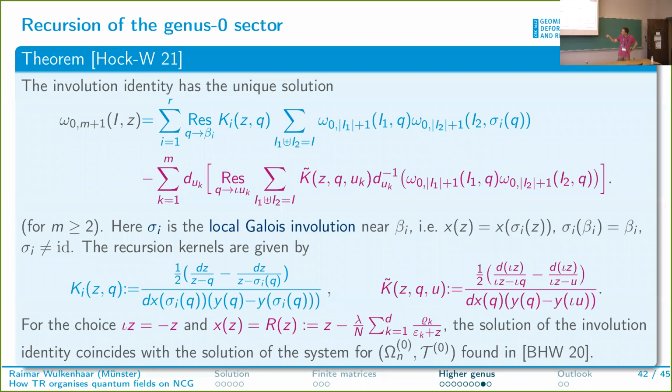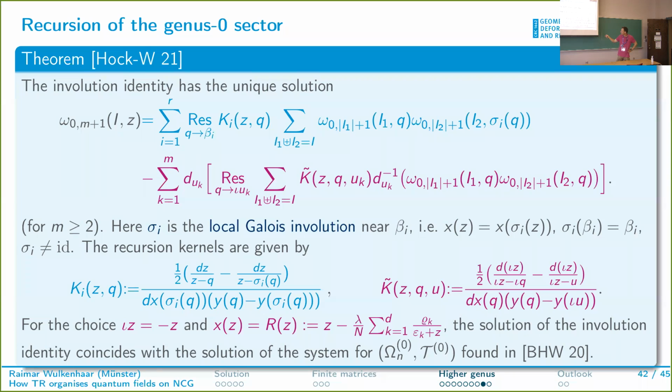There's one piece which is exactly topological recursion. It's exactly the same recursion kernel as in our own term. And the remarkable thing is, there's more. And this additional piece can also be put into an almost identical recursion formula.